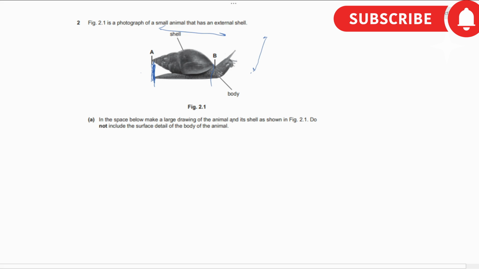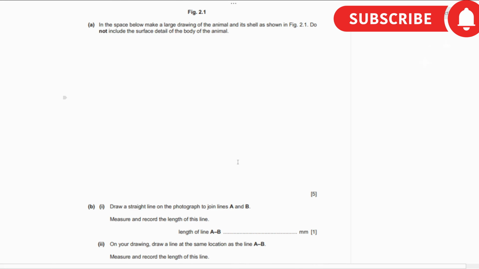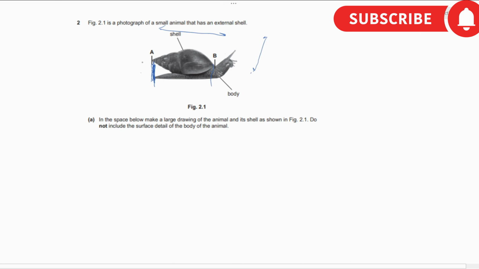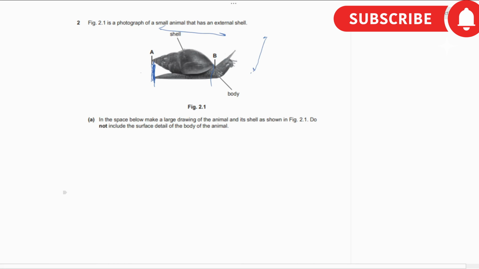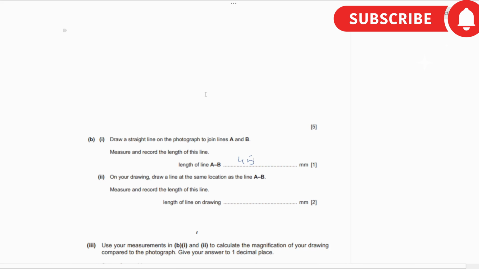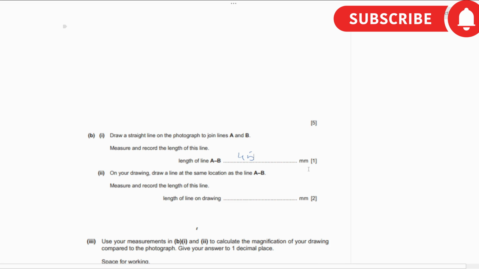Because we are not giving the scale over here, we just have to keep in mind that it should be like this. Now, the magnification depends on your scale. So it is 45 millimeter, let's say. It's 4.5 centimeter, so 4.5 centimeter is 45 millimeter.